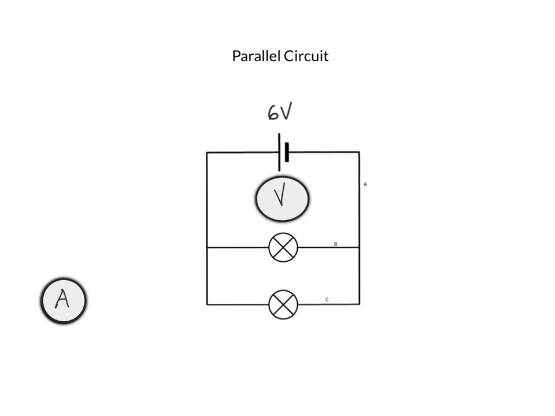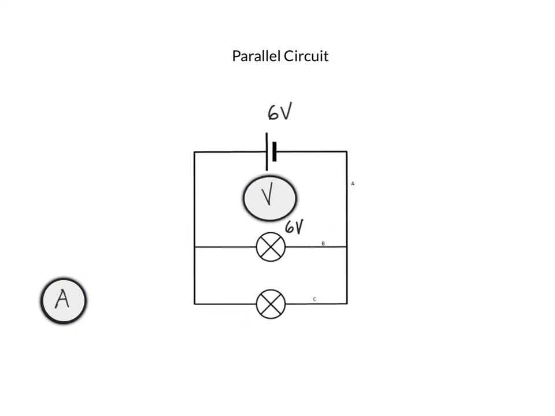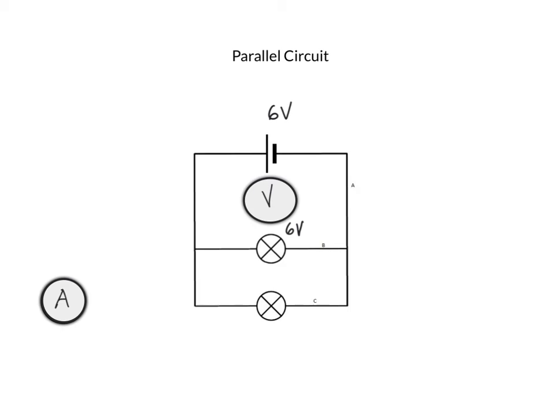So I'm going to attach my voltmeter across the first bulb, and when I do that I get a reading of 6 volts. Now I'm going to move my voltmeter and check the potential difference across the second bulb on the second loop of this circuit. Attaching it in parallel as before, I get a reading of 6 volts.